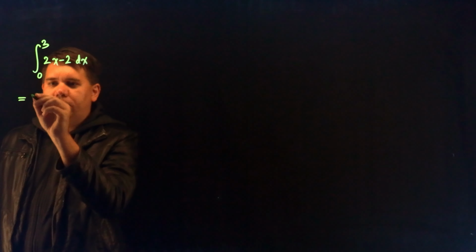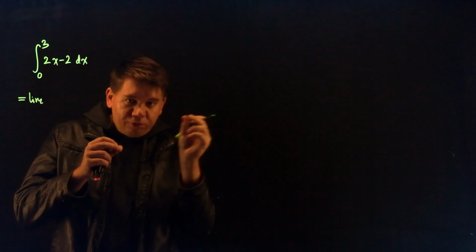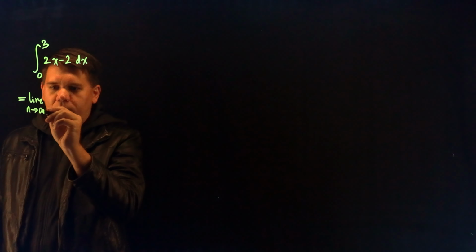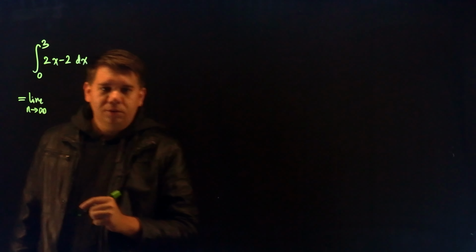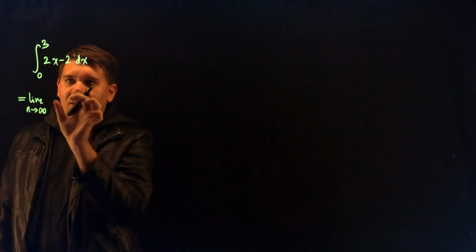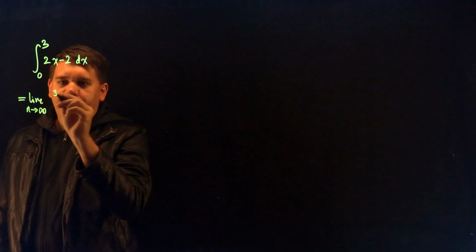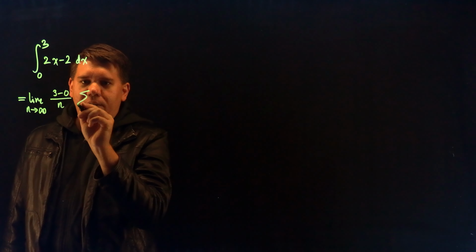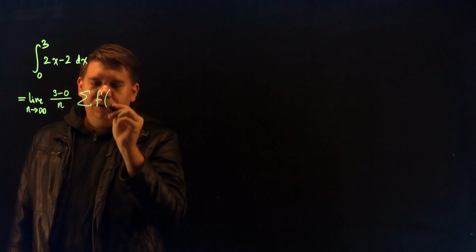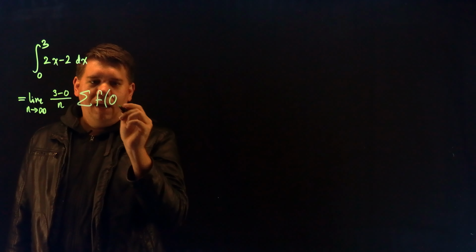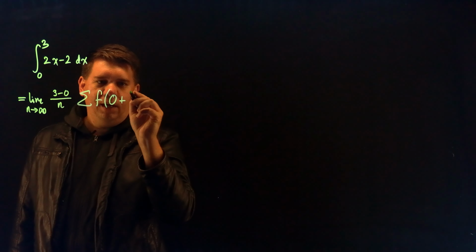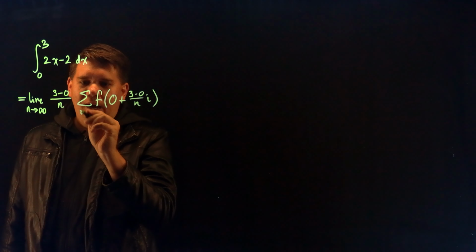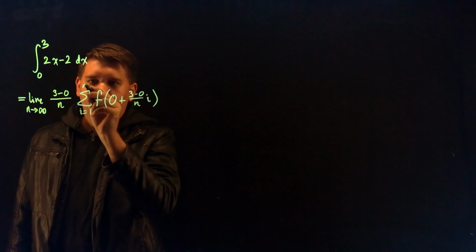Remember, the Riemann sum is just taking the limit as your number of rectangles filling this area goes to infinity, n goes off to infinity, of my width, where it's my total width, so 3 minus 0, b minus a, all over n, times the sum of my function, where I began at the left-hand side, a, and I had I copies of the width, 3 minus 0 over n, where I is an index going from 1 to n.